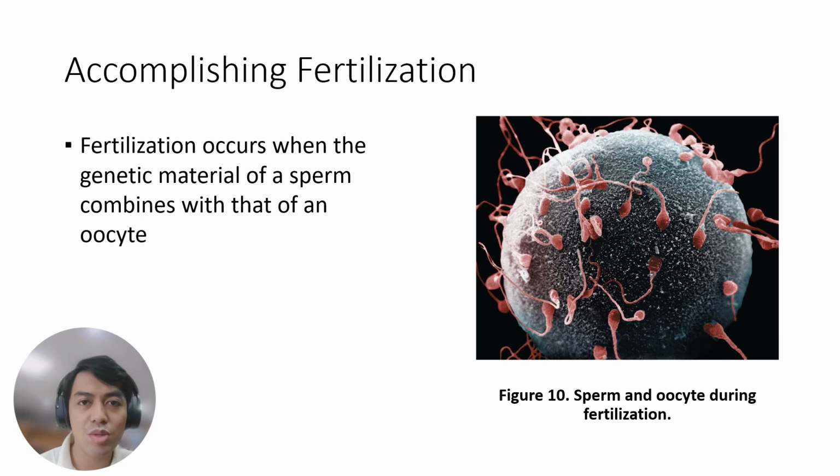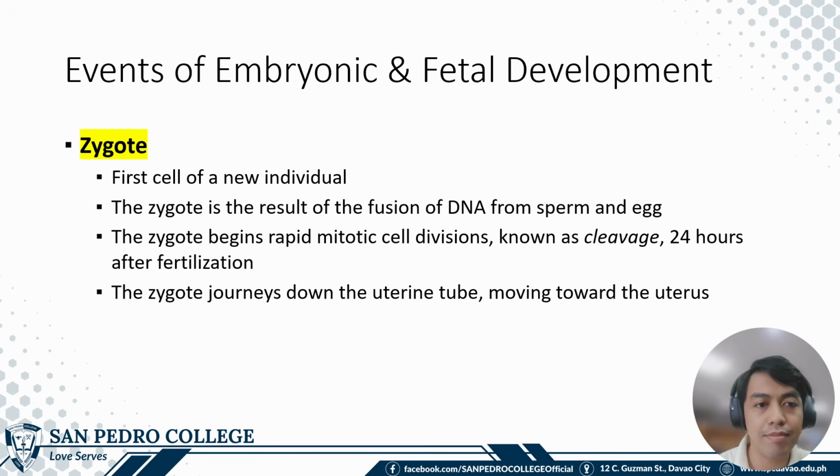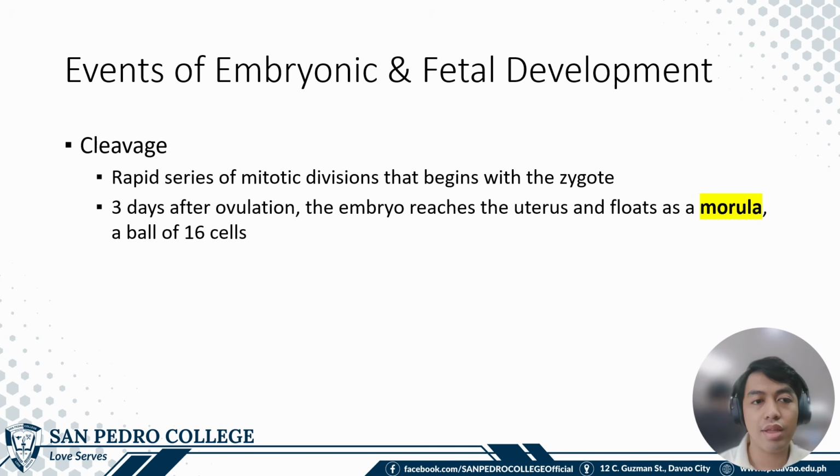So when the sperm cell meets with the egg, they undergo fertilization and combine their genetic material. The resulting cell is the zygote, which then proceeds to mitosis in order to produce new cells.